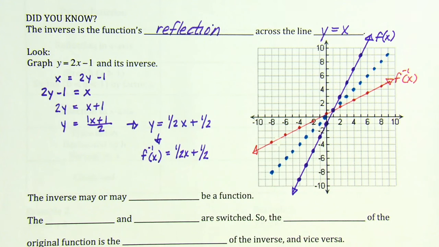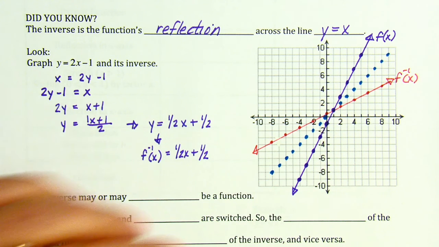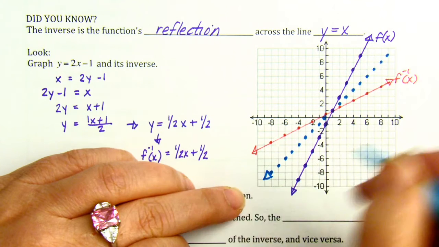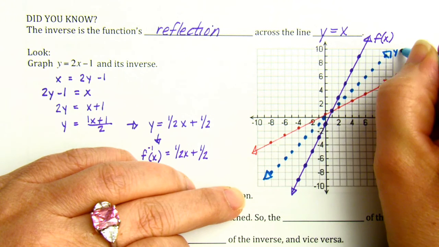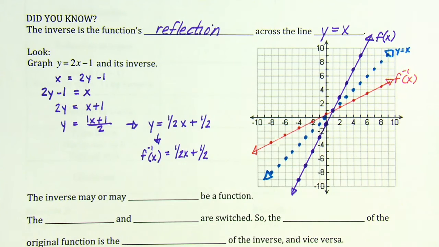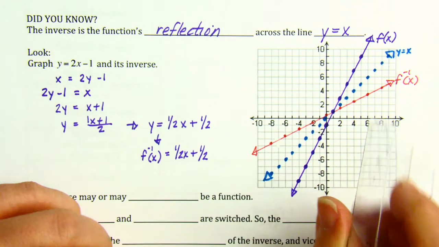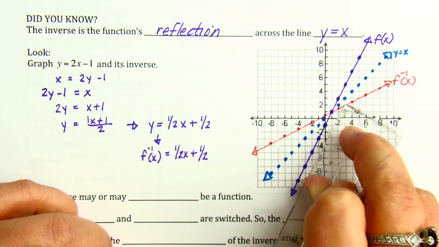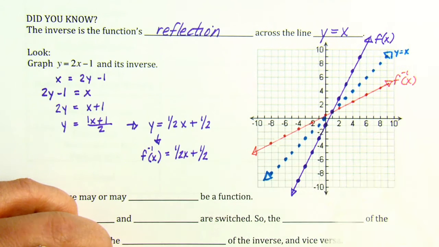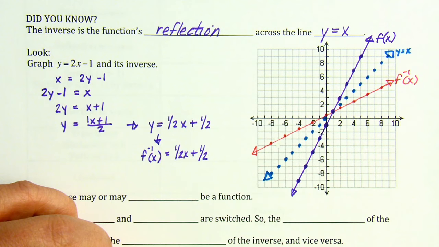All right, if you compare that red line with the purple line, you should see symmetry across this line, y equals x. Okay, so symmetry meaning, you know, I could identify this point right here, and I bet the coordinates of this point, I will make it darker with a green dot.